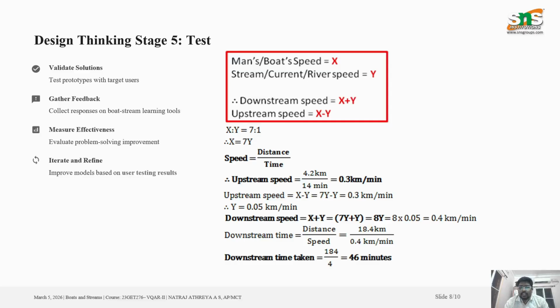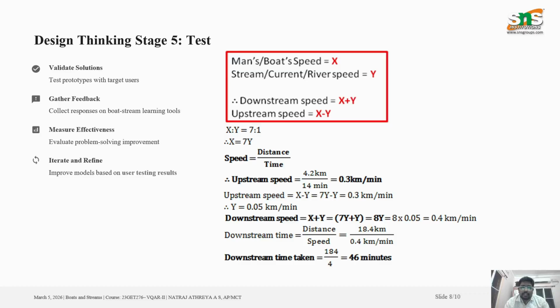Let's say the man or boat's speed is x, and the stream or current speed is y. So downstream is x plus y and upstream is x minus y. We already know that. It is given that x is to y is 7 is to 1. So x is equal to 7y. Speed equals distance by time, we already know that.